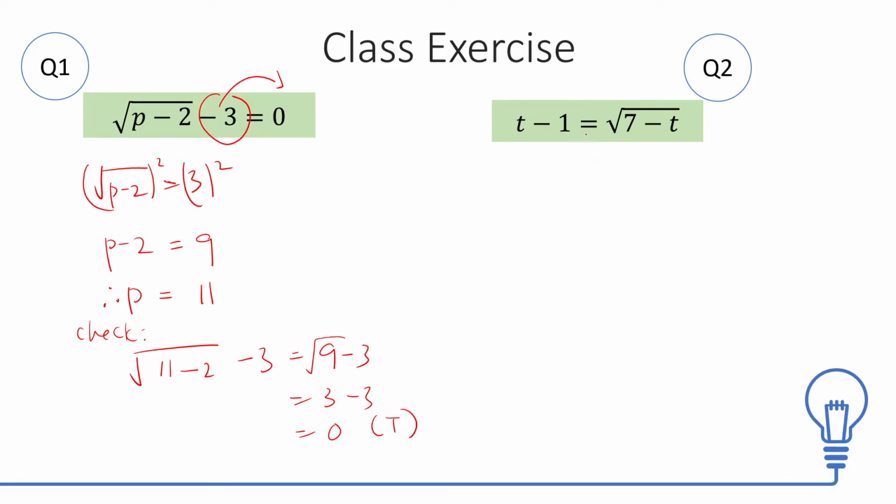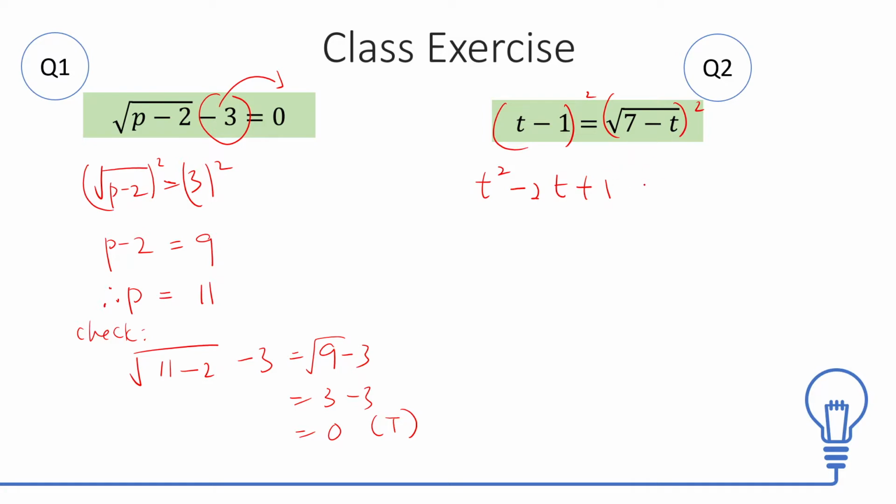Since my right hand side has one square root only, I only need to square both sides. So the left hand side is a squared minus 2ab plus b squared.